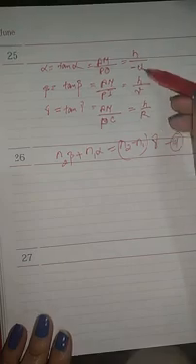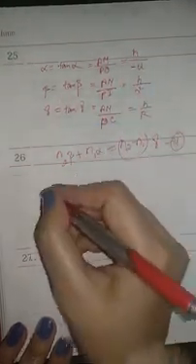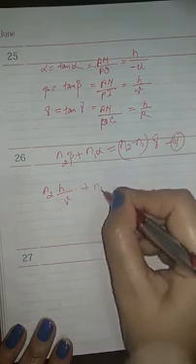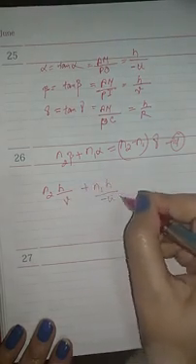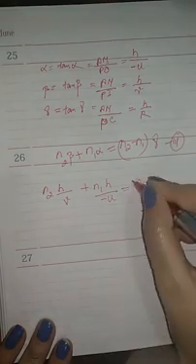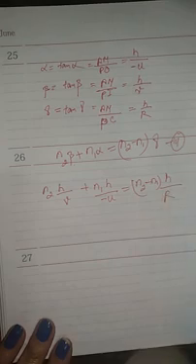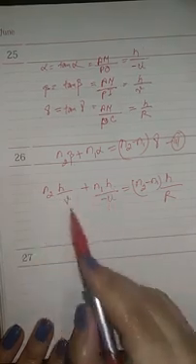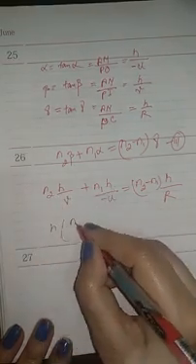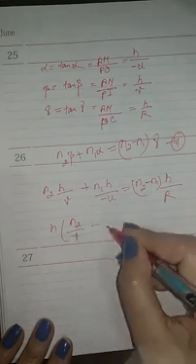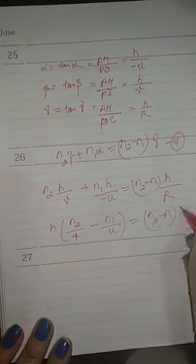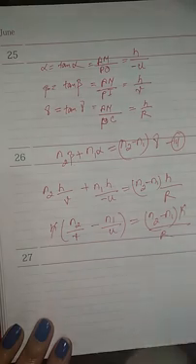Now putting in the values of alpha, beta and gamma: n2 times h by v plus n1 times h by minus u is equal to n2 minus n1 times h by R. If we take h common, we can write n2 by v minus n1 by u is equal to n2 minus n1, times h by R. So h and h get cancelled.